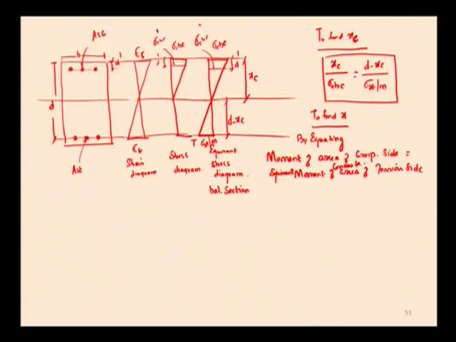So, moment of area of compression side, which is equal to total area, that is B into X, is the area. Moment of area, I have already explained you, is equal to area into distance of CG of area from the neutral axis.